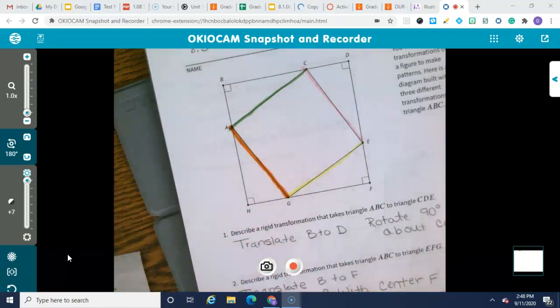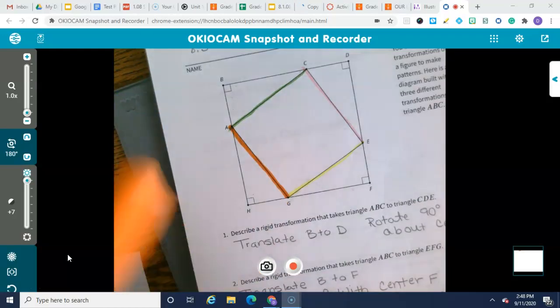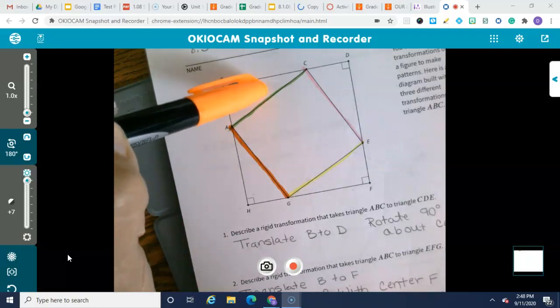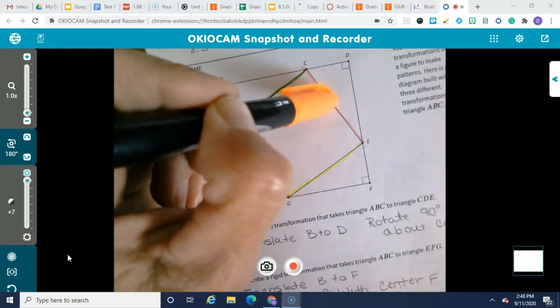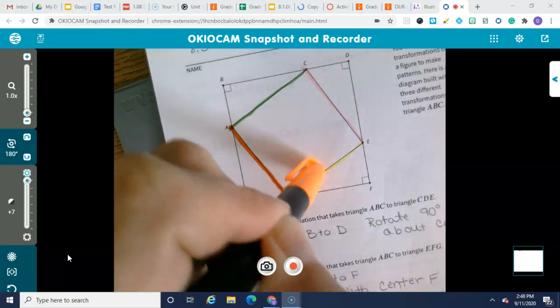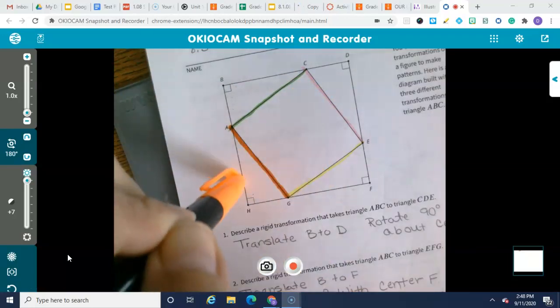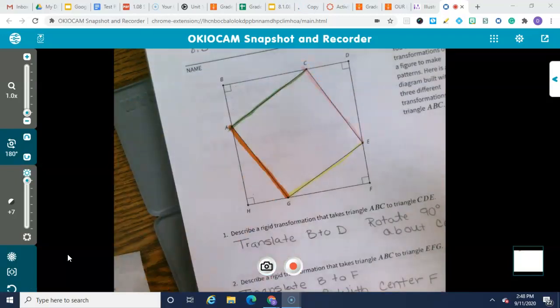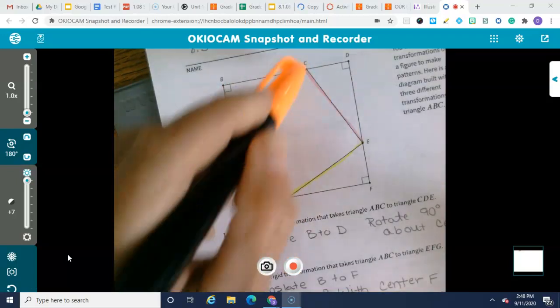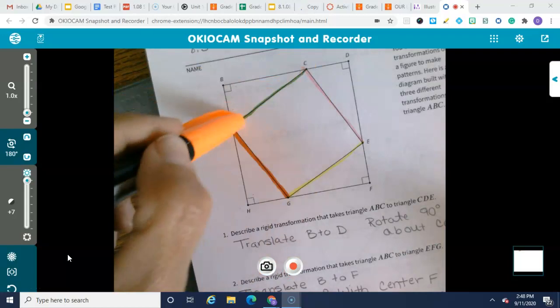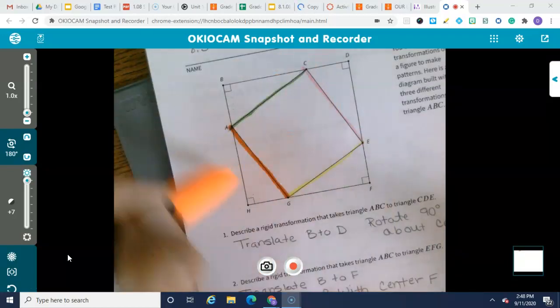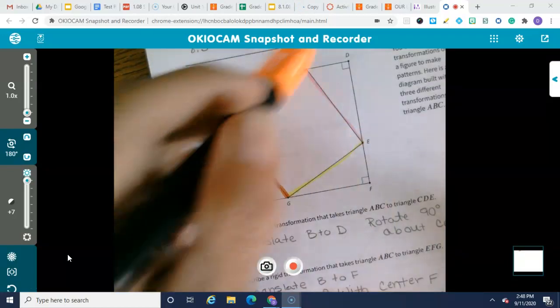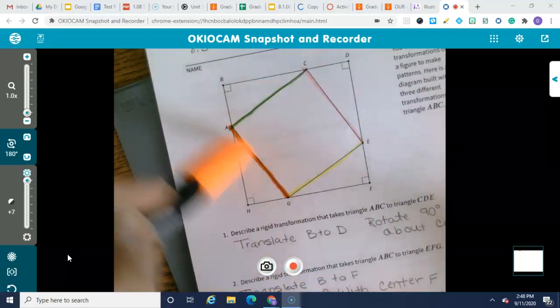All right. And it wants to know, do line segments AC, CE, EG, and GA all have the same length? Yes, they do. And how do we know that? Because whenever you have a rigid transformation, the side lengths are preserved. So in other words, the side lengths will always remain the same.